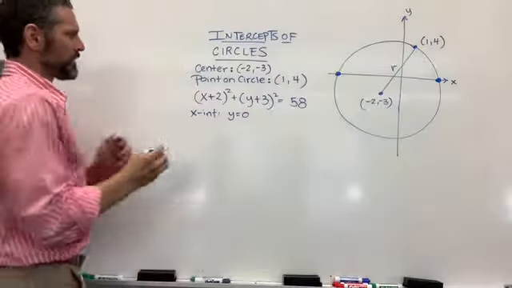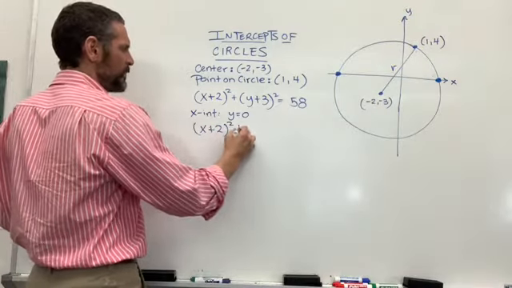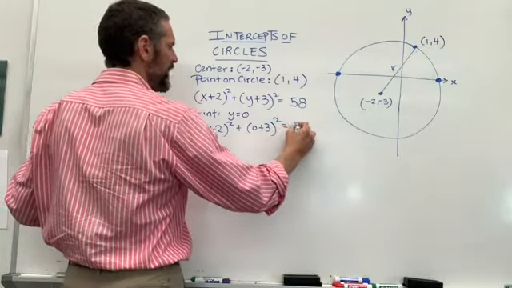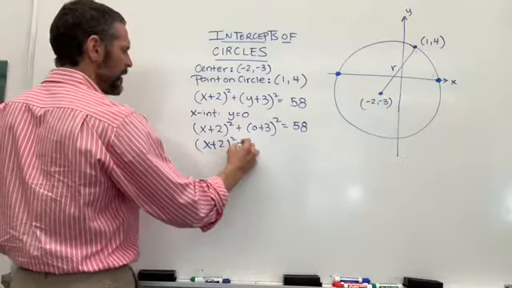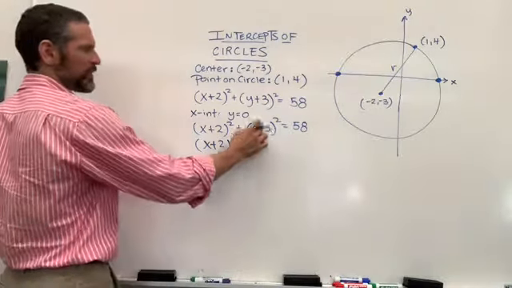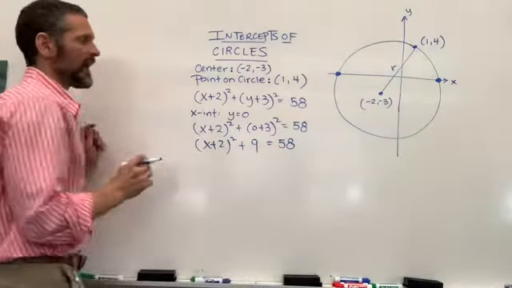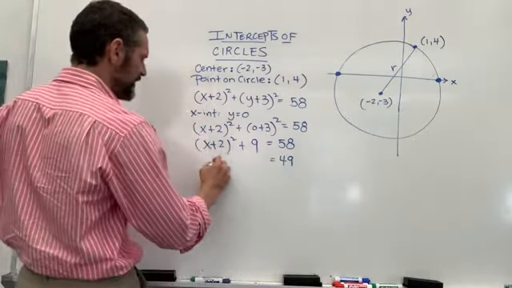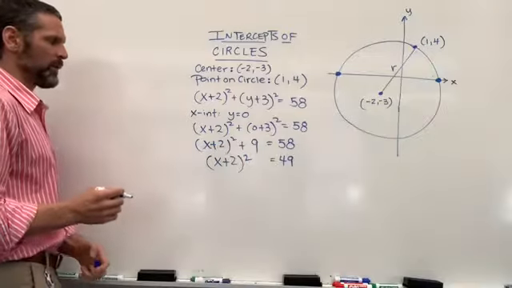So if I put a 0 for y, I'll have x plus 2 squared plus 0 plus 3 squared equals 58. So x plus 2 squared plus 9, that's 3 squared, equals 58. And if I subtract 9 from both sides, I'll have 49 is equal to x plus 2 squared. 58 minus 9 is 49.